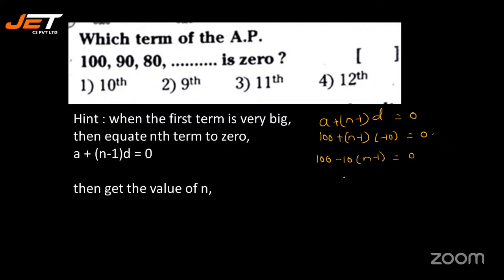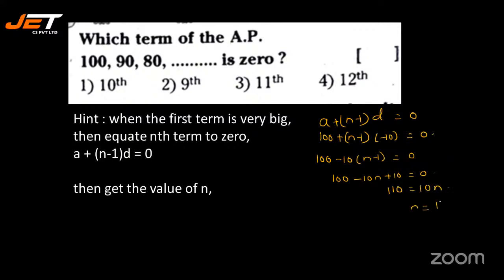Right? So 100 minus 10n plus 10 is 0. So 100 plus 10 is 110 is equal to 10n.